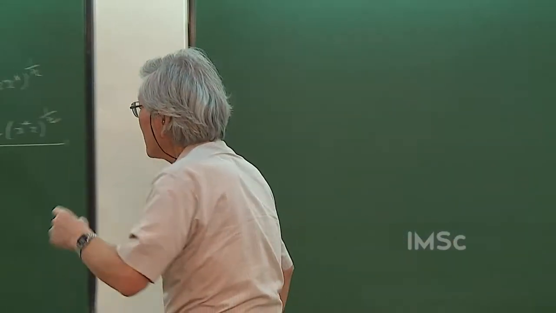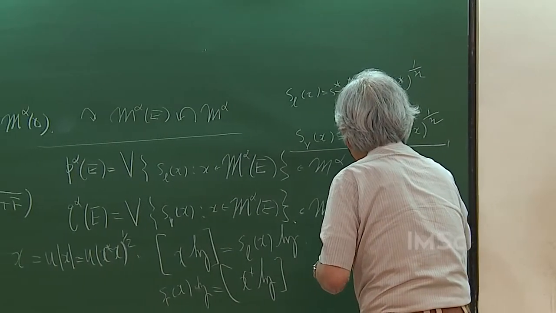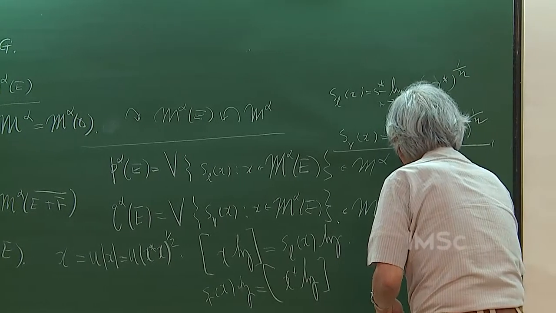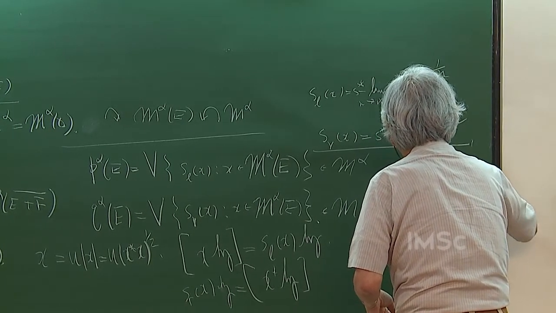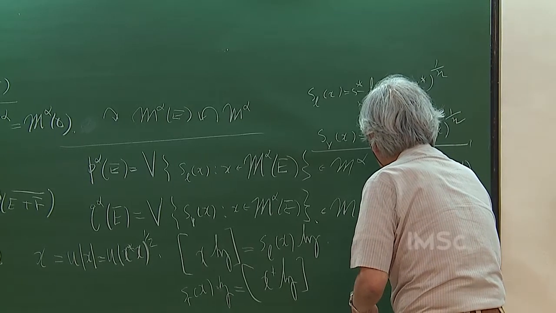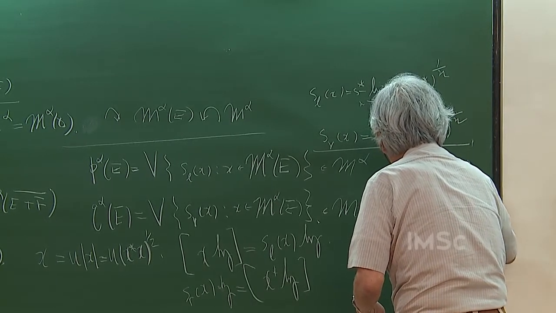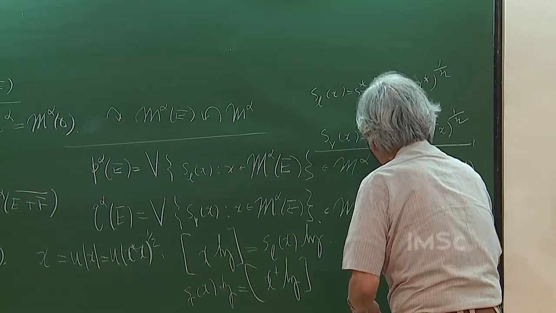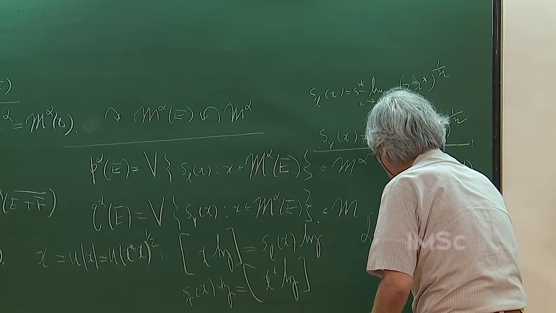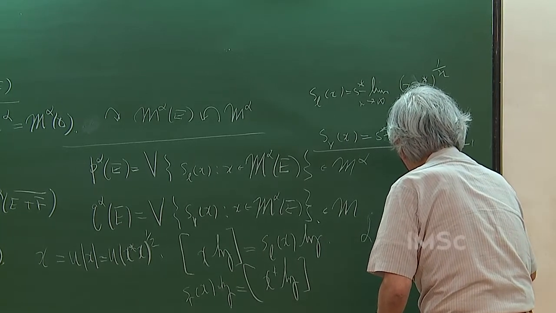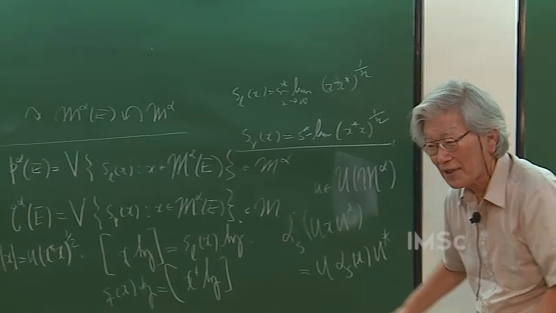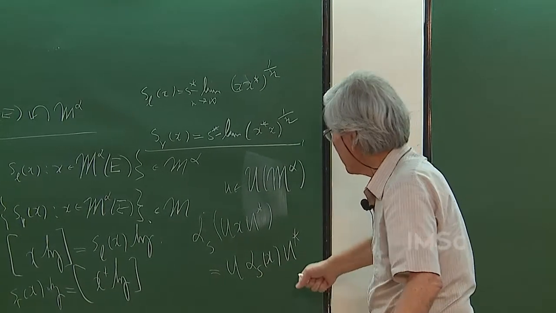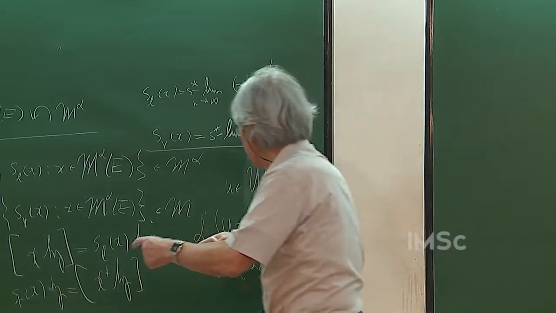Next, if you have a unitary u in the fixed point algebra, u x u star, alpha_s of it is fixed. We handled this phenomenon this morning: u does not move.